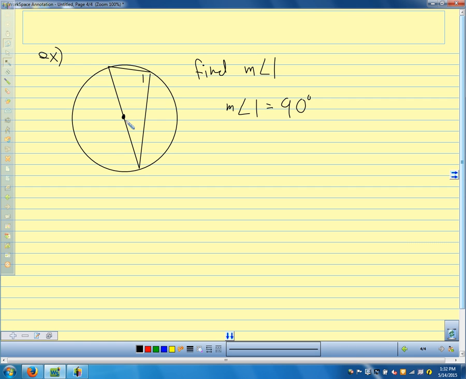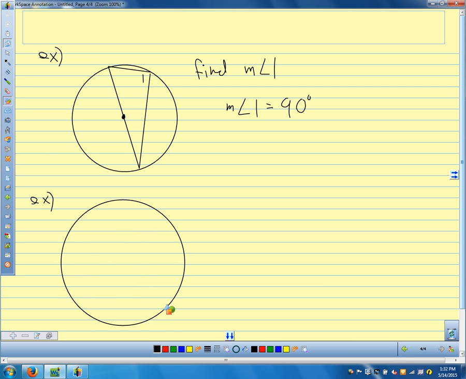It's an easy mistake to make, and they'll try to do the problems so that they draw a chord that kind of looks like it could be a diameter, but unless you know for sure, don't assume that it's a diameter. Okay? So avoid that mistake.